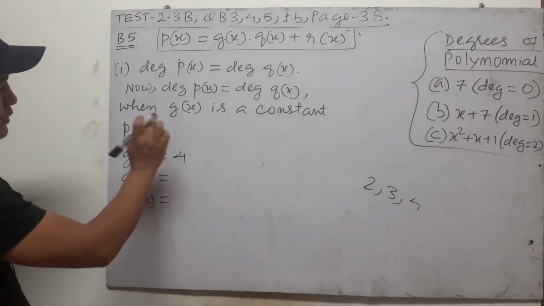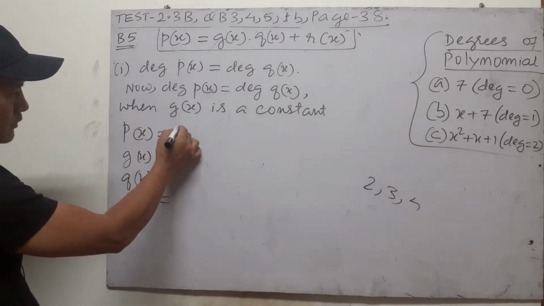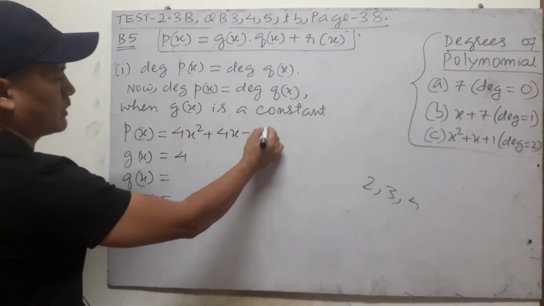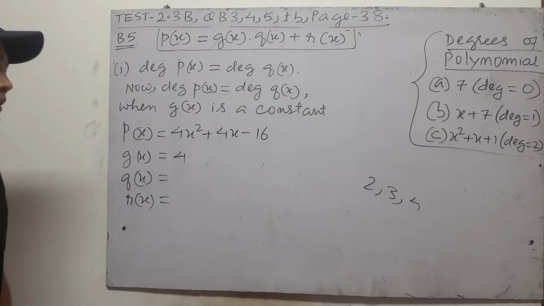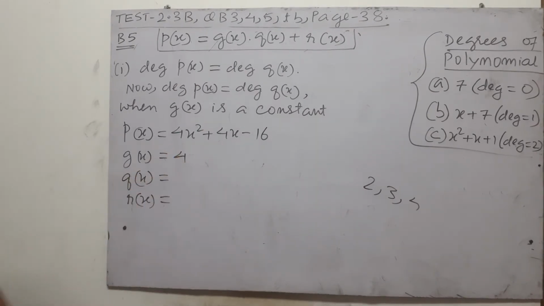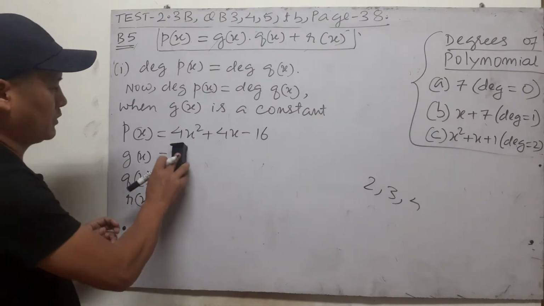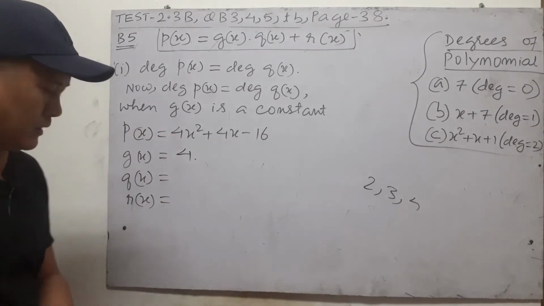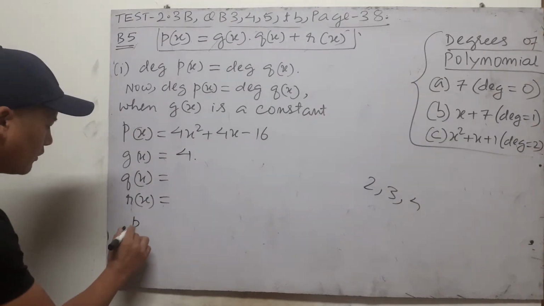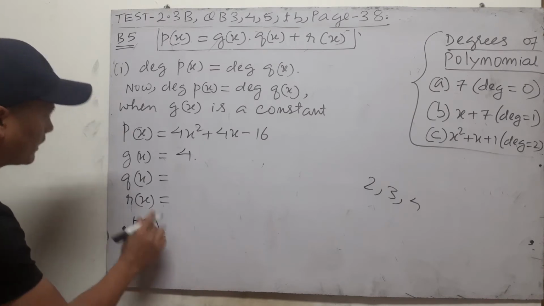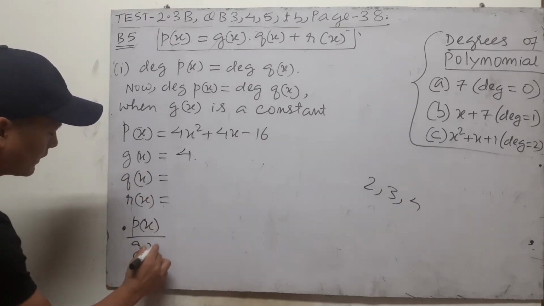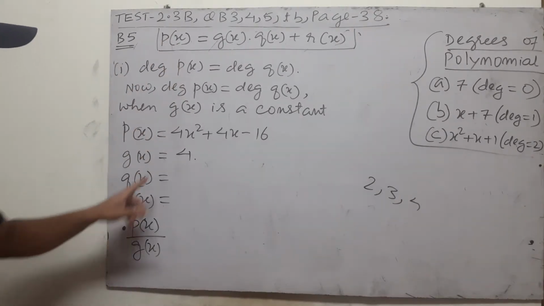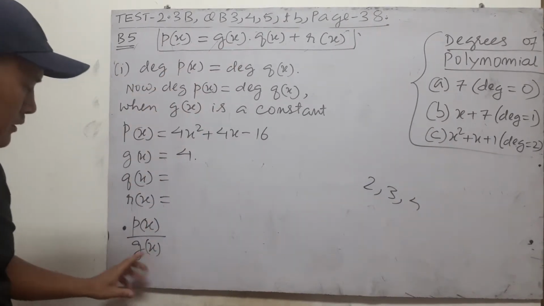Now, let's put p of x. In this case, we can just put 4x squared plus 4x minus 16, let us say. I chose 4, so let us put p of x first, and because 4 is dividing all this, I'm just taking 4. Then what happens? P of x divided by g of x, because p of x is the dividend, means the numerator, and g of x is the divisor, means the denominator.